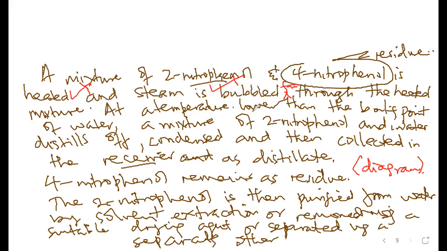At a temperature lower than the boiling point of water, a mixture of 2-nitrophenol and water is distilled off, condensed, collected in the receiver as distillate. 4-nitrophenol remains as residue. The 2-nitrophenol is then purified from water by solvent extraction. I've told you choose any of those methods. The diagram may earn some good marks, so you also include it.